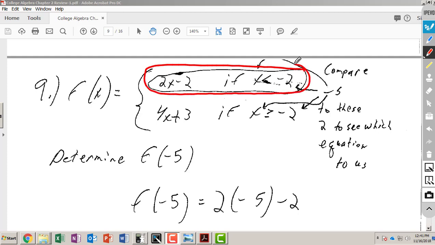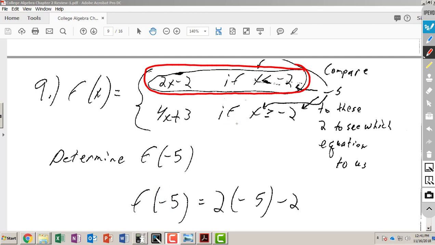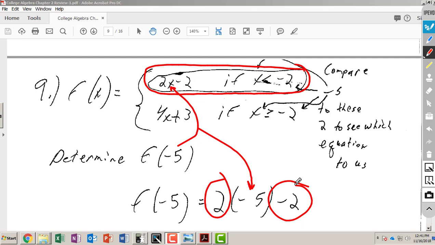So now I'm going to substitute negative 5 into my equation. Substituting negative 5 into this equation, I've got 2 times negative 5, and then I still have my minus 2.